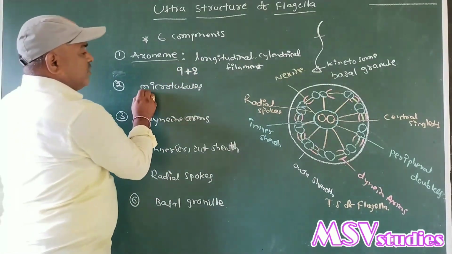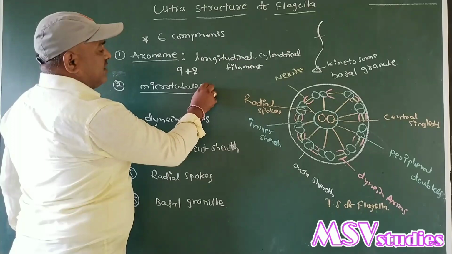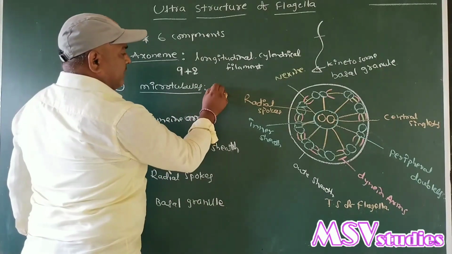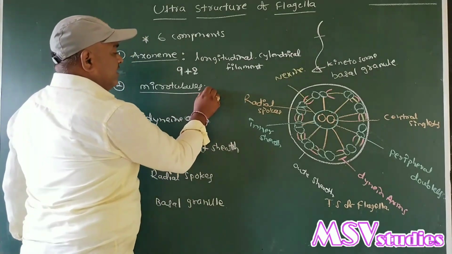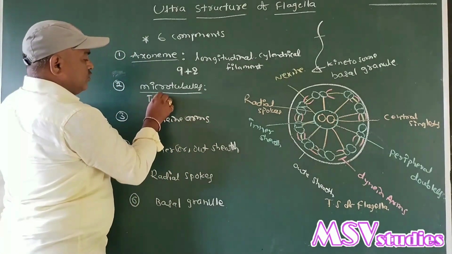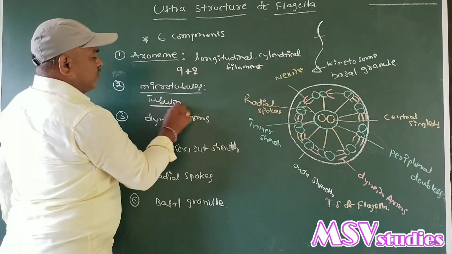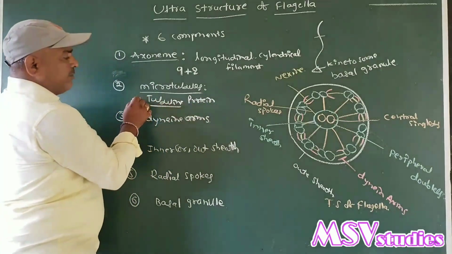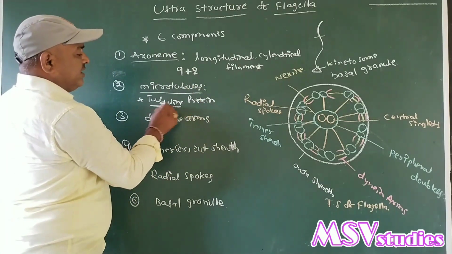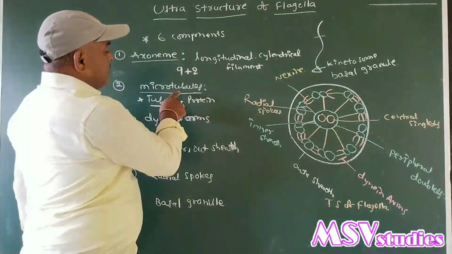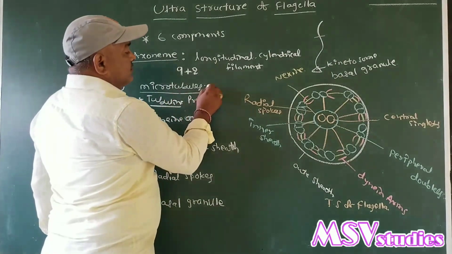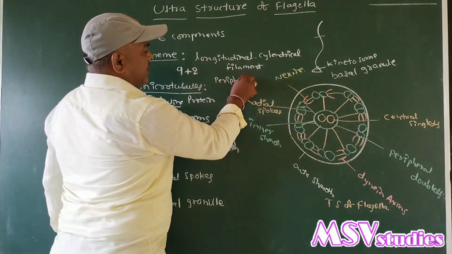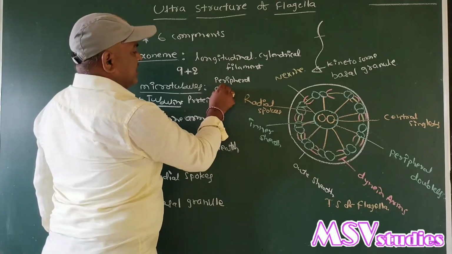And next one, microtubules. The microtubules are made up of tubulin protein. Important point: microtubules are made up of tubulin protein. These microtubules are peripheral microtubules and central.